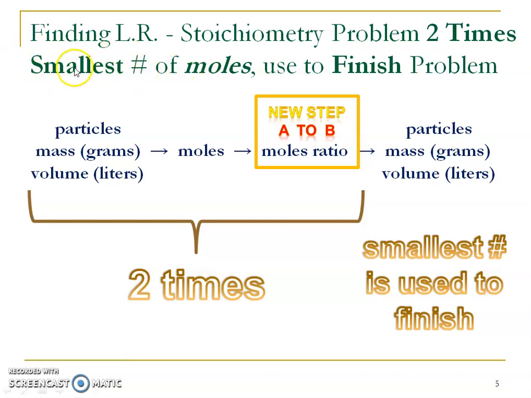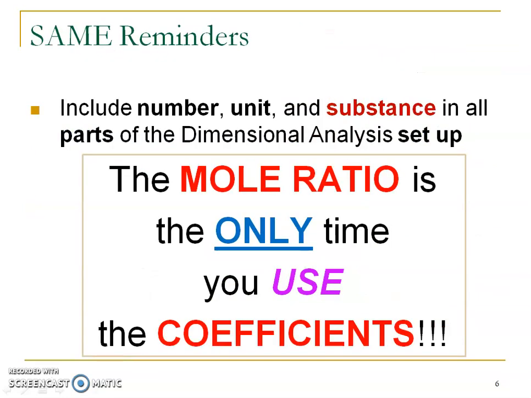So the smallest number of moles is going to be our substance that is our limiting reactant. So then we can finish the problem and again go to any one of these quantities using mole island, right? So we want to remember that that limiting reactant is going to limit us from how much of that product or that substance B we can make, right? Because we only have so many moles of it.